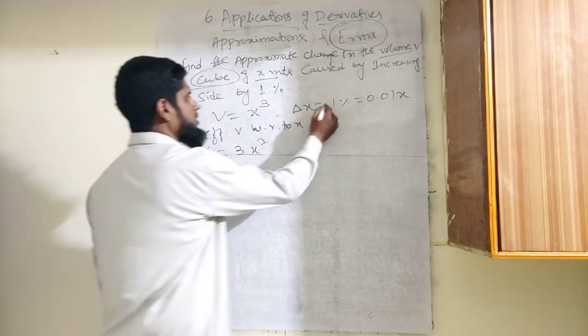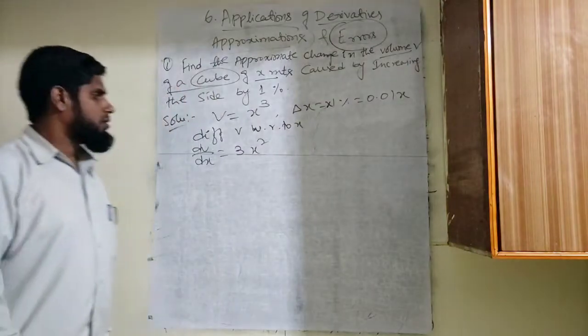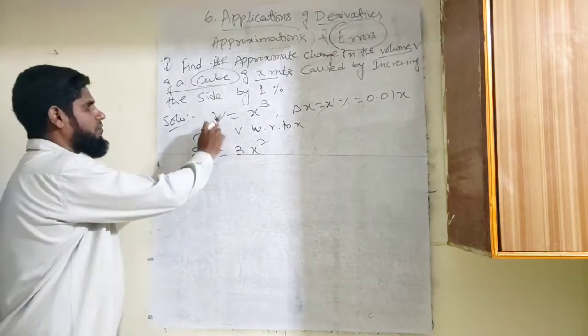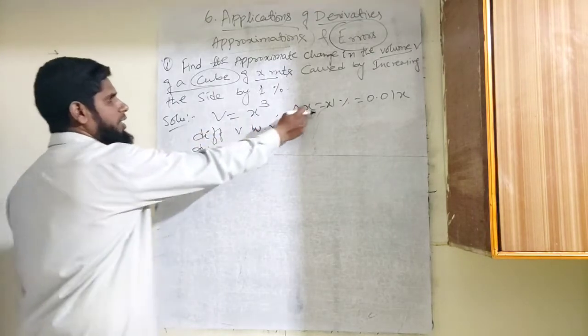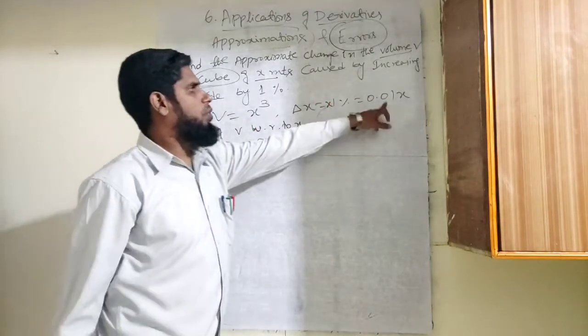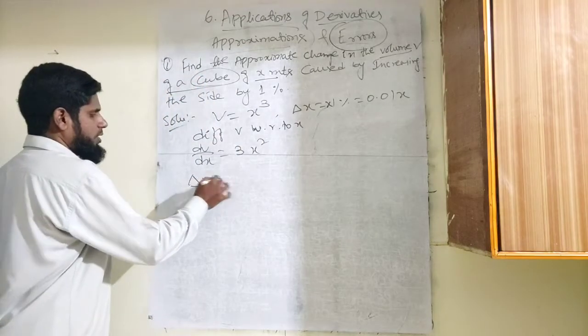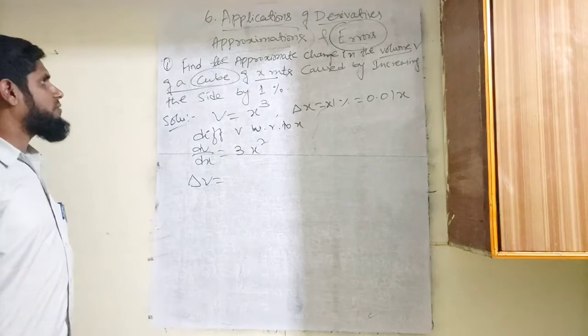So now student, I got the derivative of V with respect to x. Now delta x is 0.01 into x. So the error is delta V, which is the error we are finding.